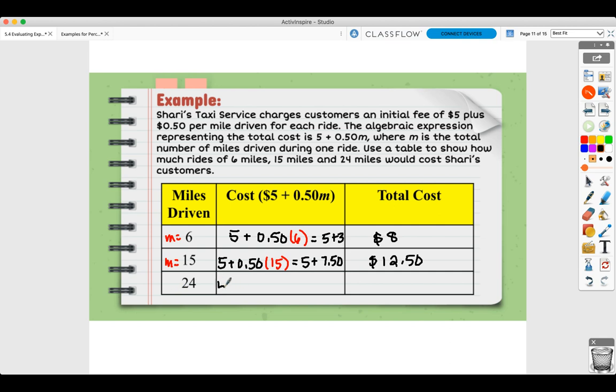And one more, 5 plus 0.50 times 24 is equal to, again, multiplying first, so it's going to be 5 plus 12, which is $17.